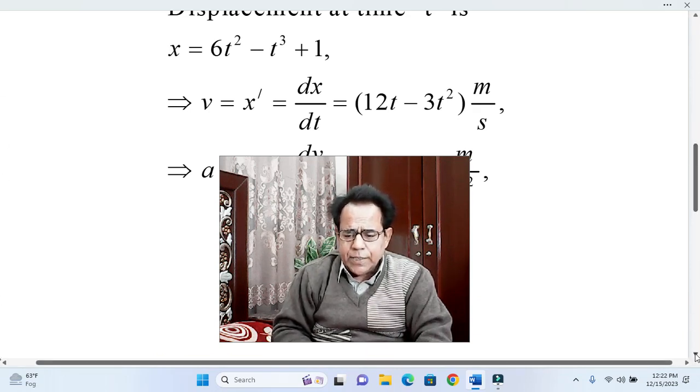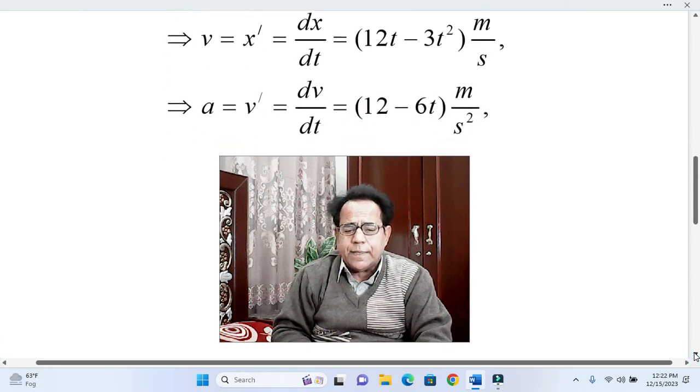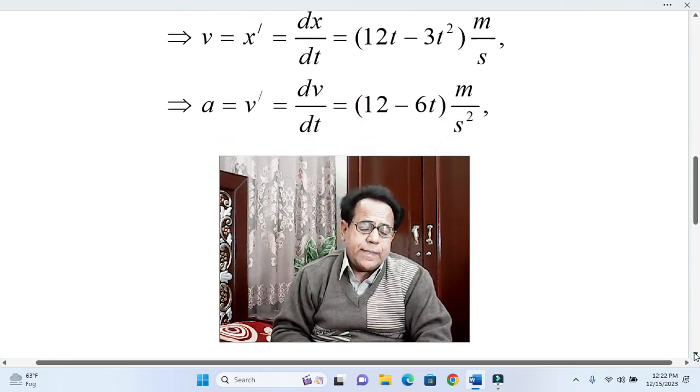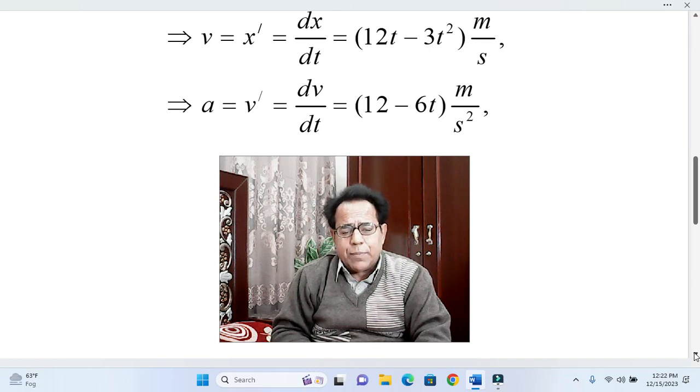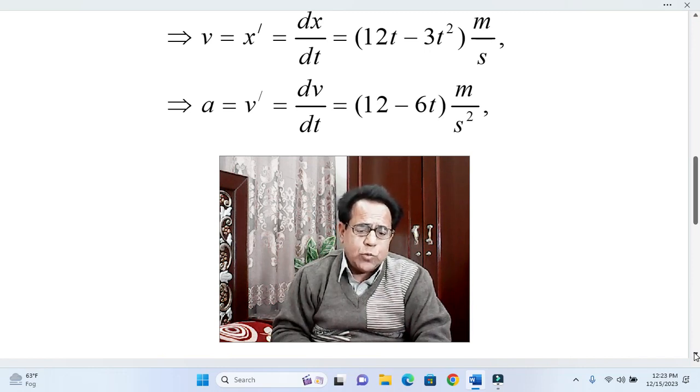We know that the unit of velocity is meter per second, while the unit of acceleration is meter per second squared. Then this implies that acceleration a equal to v dash, which is equal to x double dash equal to dv by dt.